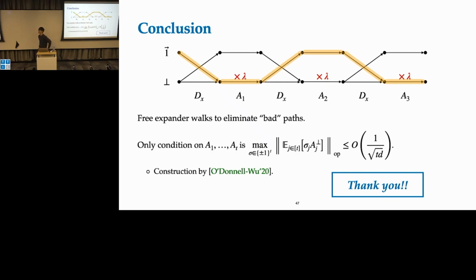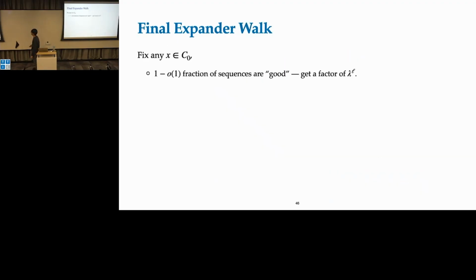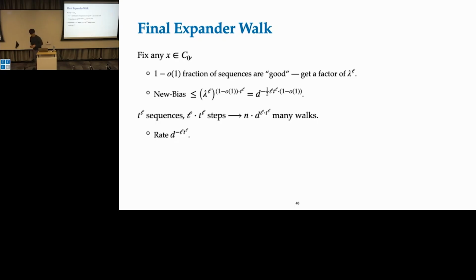If this t to the minus 1/4 in the probability of a walk being bad was t to the minus L over 4, then this little o of 1 would improve, right? Okay, so that's a very good question. Actually, the dominating term of that little o of 1 comes from, it's very weird, but it comes from lambda being 2 over root d instead of 1 over root d.